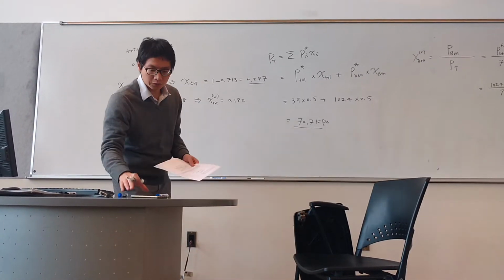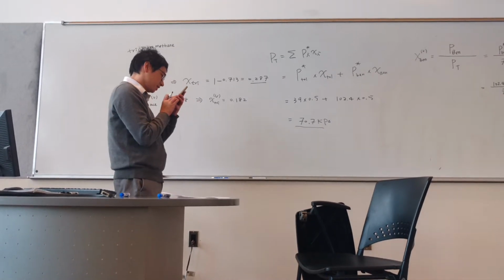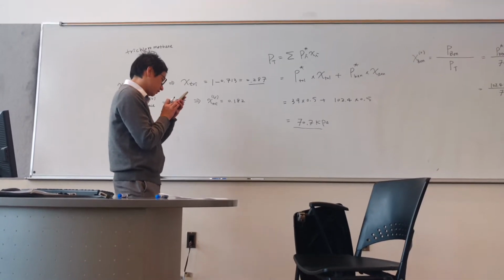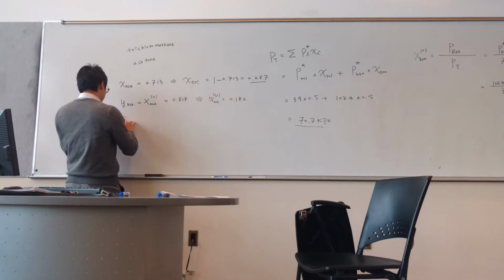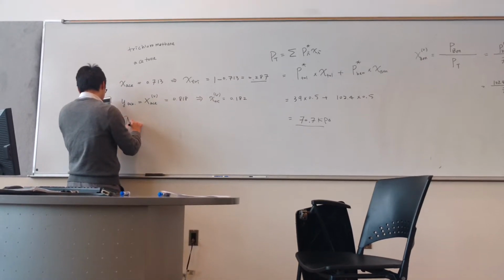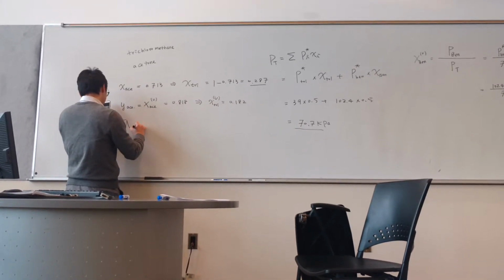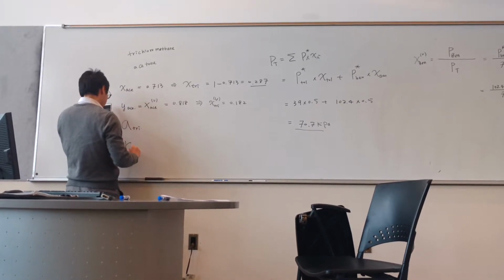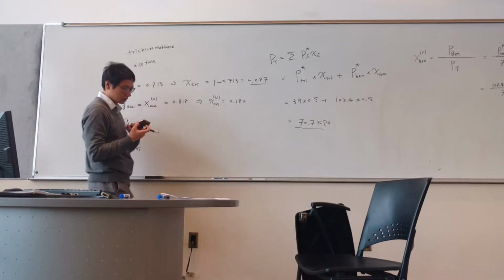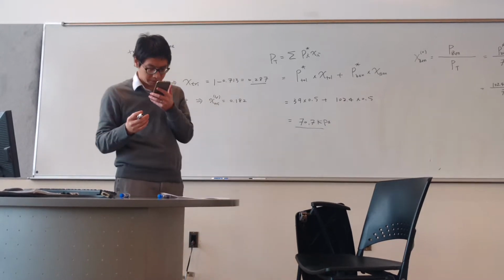So what you want to calculate is the activity, a, and the activity coefficient, gamma, of your trichloromethane, assuming it's an ideal solution.